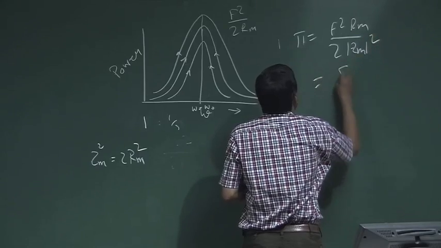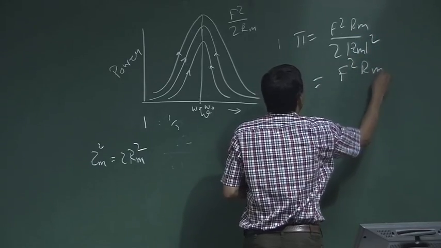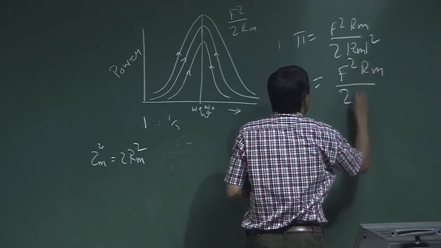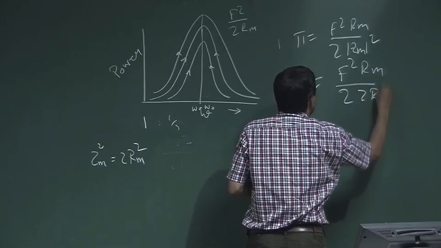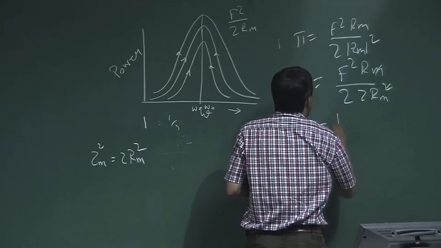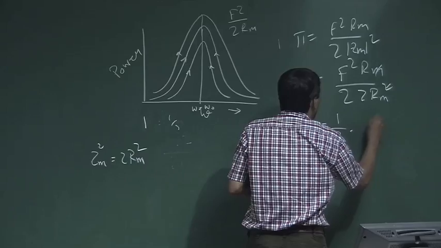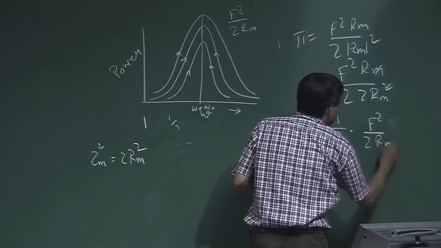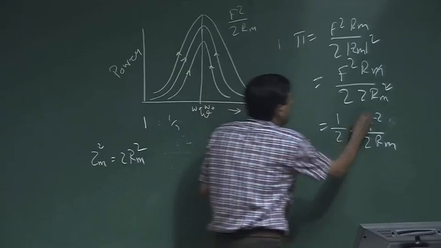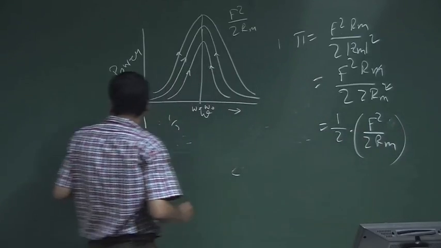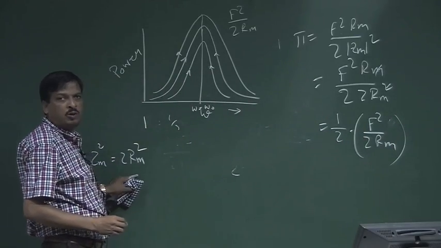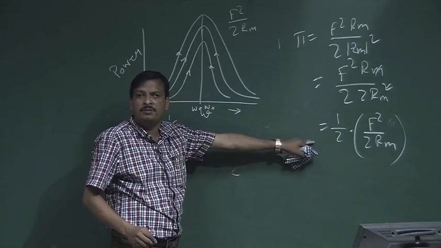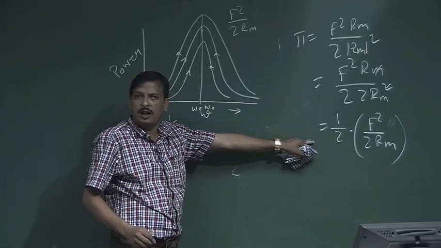So, F square by Rm into 2 into 2 Rm square. Rm cancels, it is 1 by 2 into F square by 2 Rm. So, this is half power. The condition is that if Zm square is equal to 2 Rm square, then half power happens.